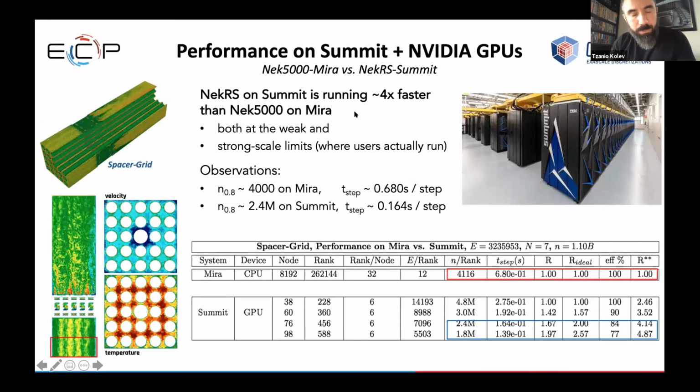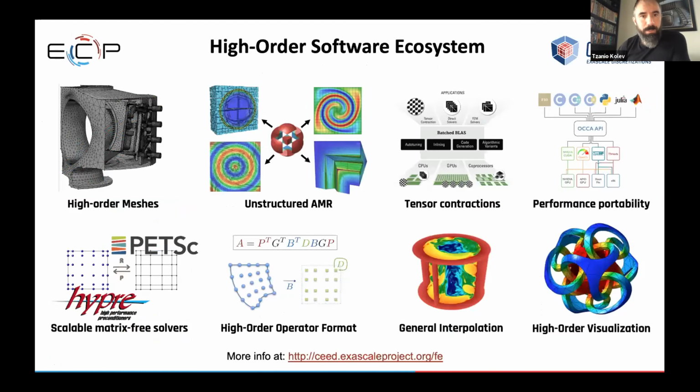I focused mostly on MFEM here, but the other Seed partners have also accelerated their code significantly. And so they are seeing a 4 times faster code with much smaller time step and much bigger n sub 0.8 on Summit, the biggest GPU machine in the United States right now, versus Mira, which is a BG/Q machine.